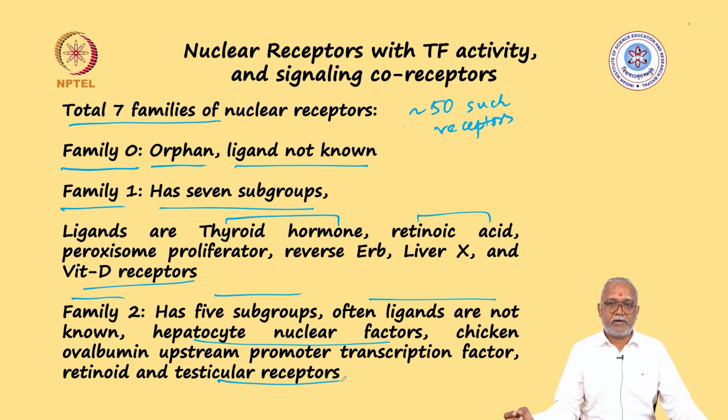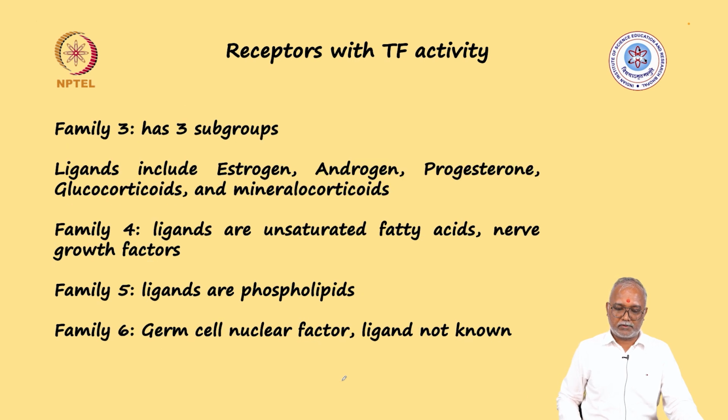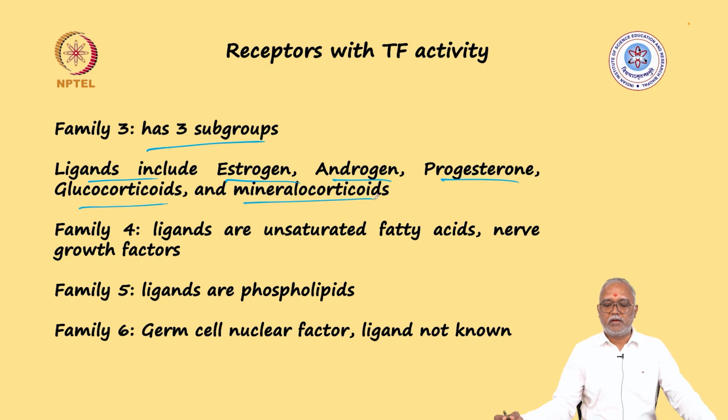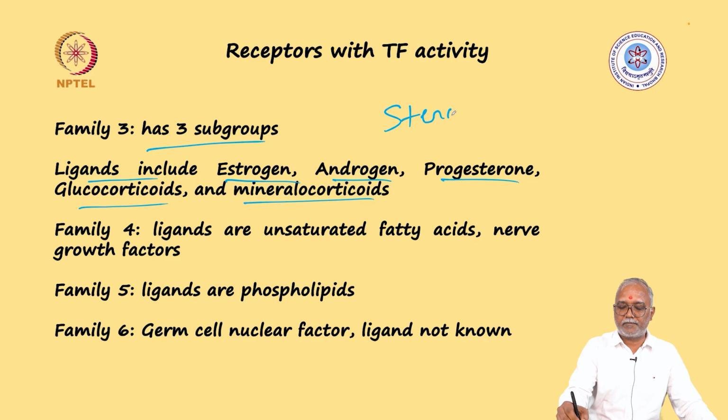So 3 families, family 0, family 1, family 2. What you realize is that family 0 and 2 have many unknown ligands and thus are orphan receptors. Family 3 has 3 subgroups. Mostly the ligands are estrogen, androgen, progesterone, glucocorticoids and mineralocorticoids, basically the steroid type ligands.